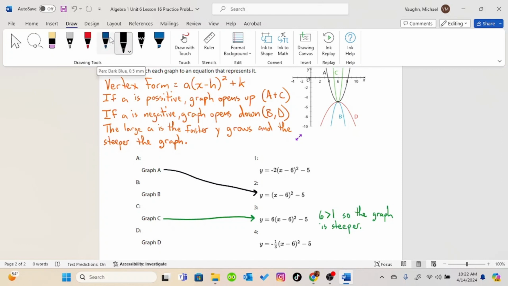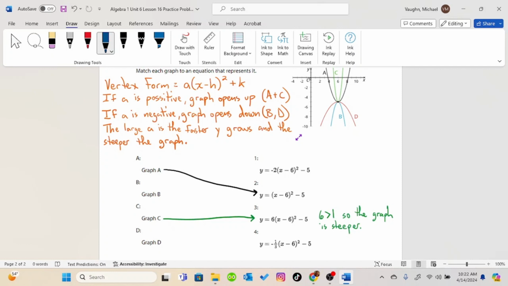Next, we're going to compare B and D. B and D open downward, so a must be negative, so B and D must match with 1 and 4.